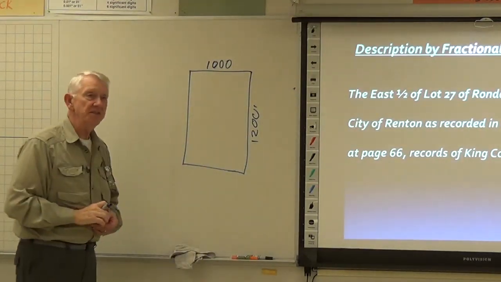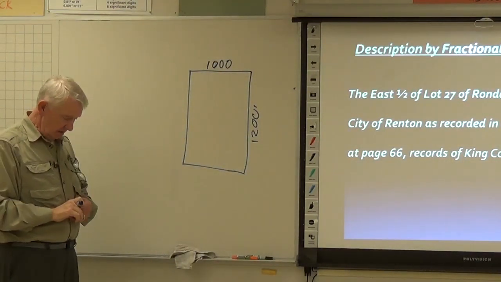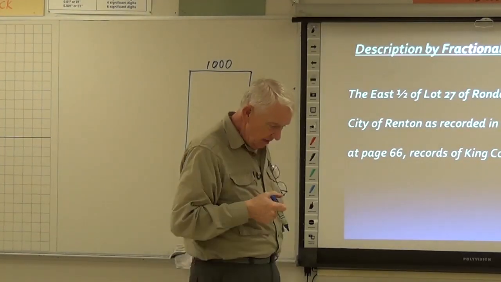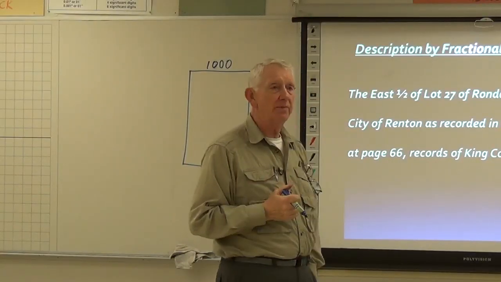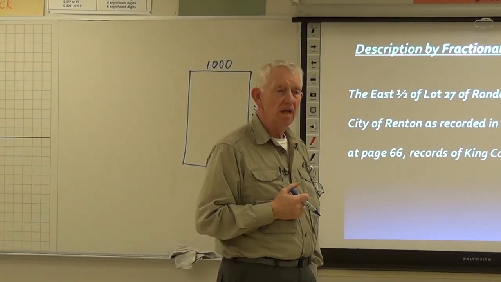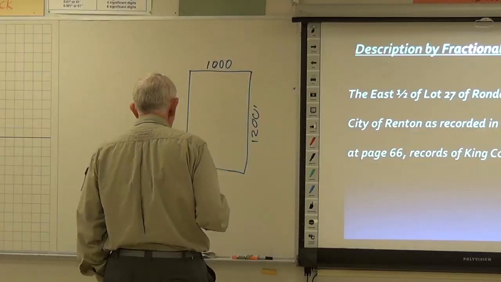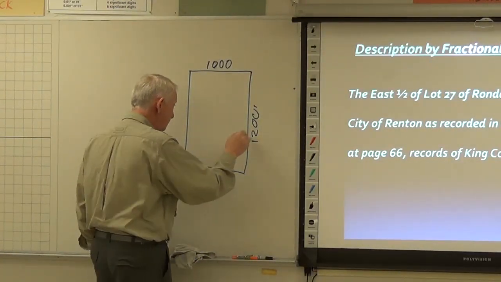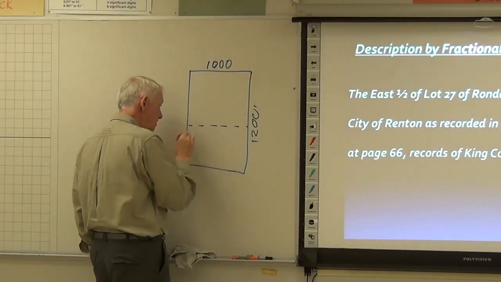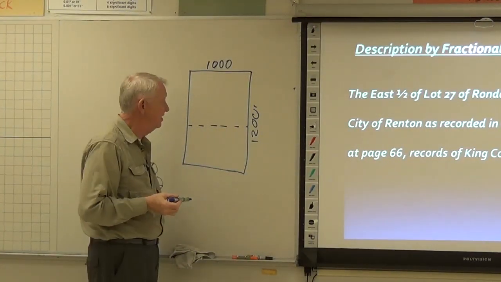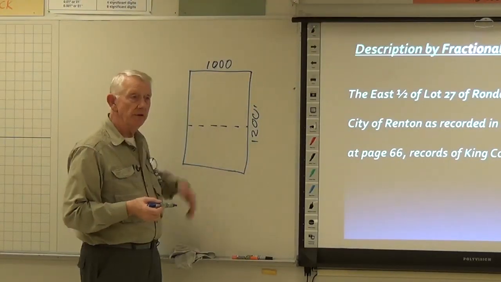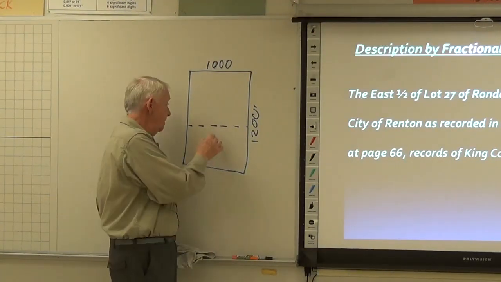Okay, something like that, not to scale. And your client comes to you and says, I want to sell the south half of the property. And so you make a legal description, and you subdivide the property, and in your legal description you say it's the south 600 feet of the property. Okay? So from here to here is 600 feet.